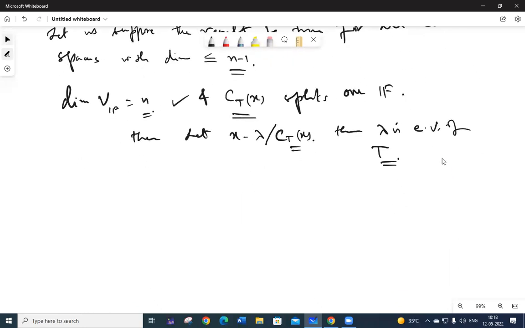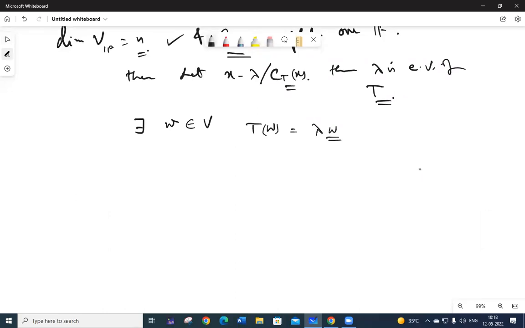If this is an eigenvalue of T, then there exists an eigenvector W in V such that TW is lambda of W. And then this W is certainly linearly independent.